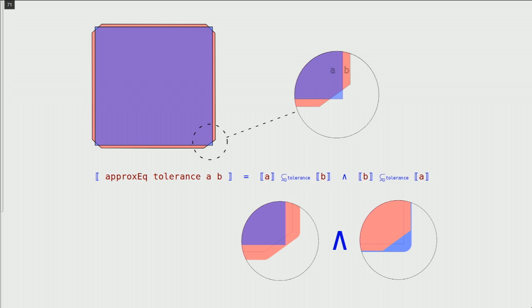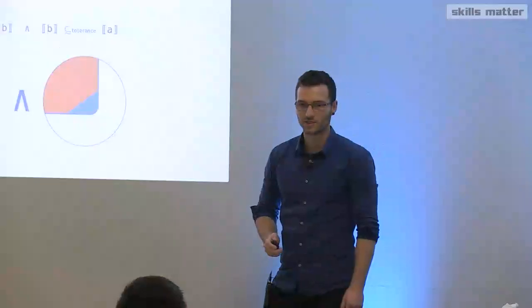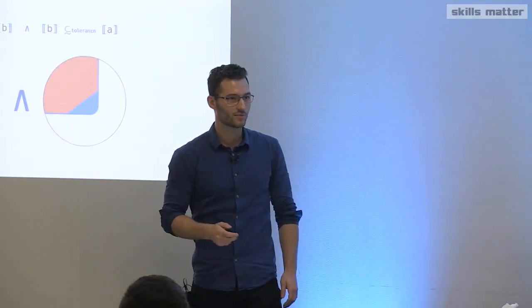Again, we're just expanding one and checking if it's inside, and then checking the other way around. And we can see in this pathological case that we can say definitively that it's equal, which is something that we couldn't do before, and you might have been arguing with your colleagues about. But now that we have this framework, it's very easy to say that it is in fact correct that they are equal, okay? Which is one of the key points that I want to get across to you.